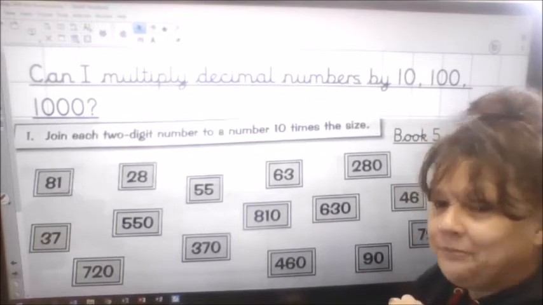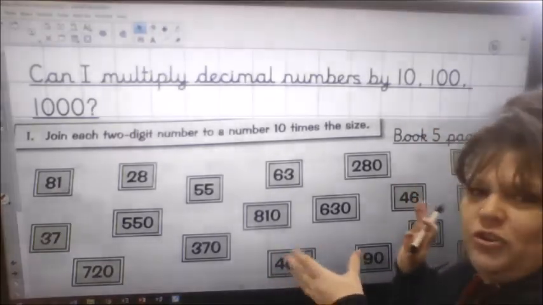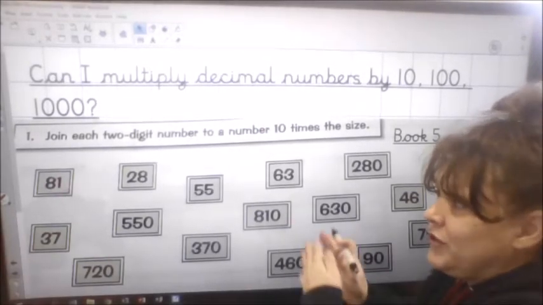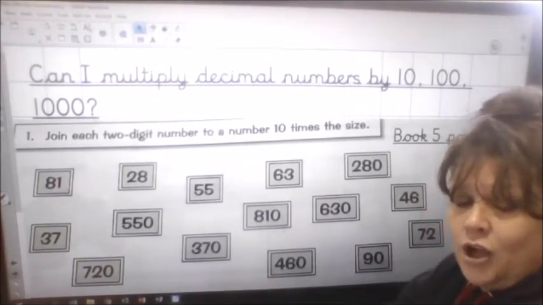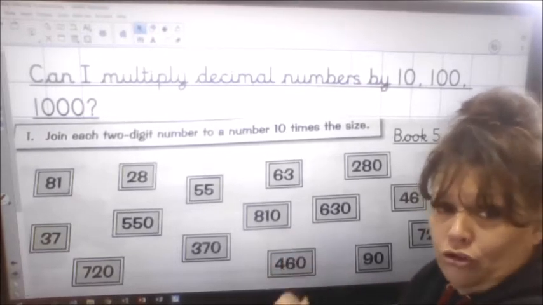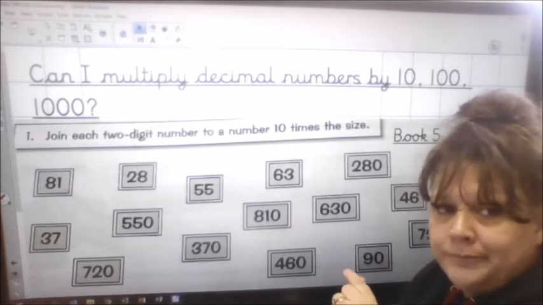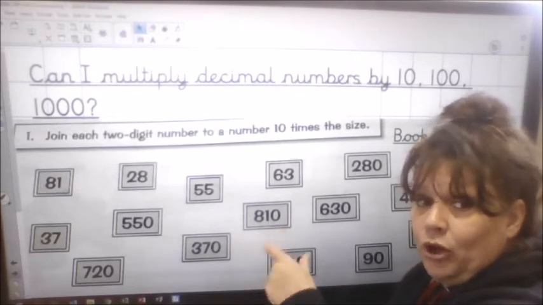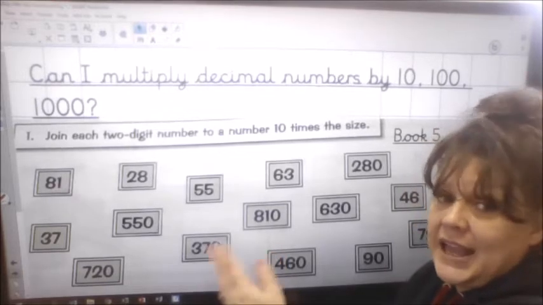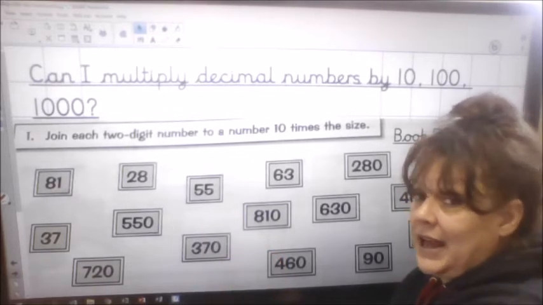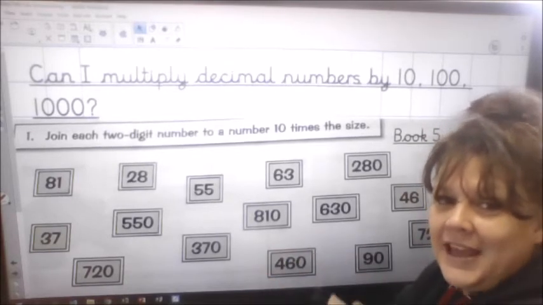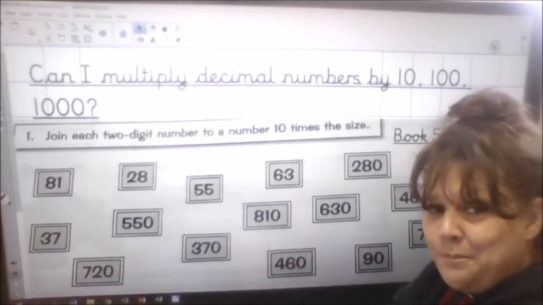Okay, so when you've got a whole number, a 2-digit number like this, it's nice and easy, because if we move the digits one place along, we're always going to end up with a gap in our ones column. So we need to put a 0 there to fill that gap, because we can't have 8 hundreds, 1 ten and then nothing. You've got to put the 0 in there so it makes the complete number.